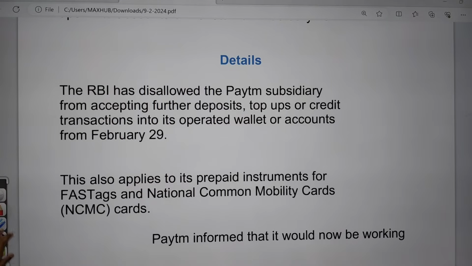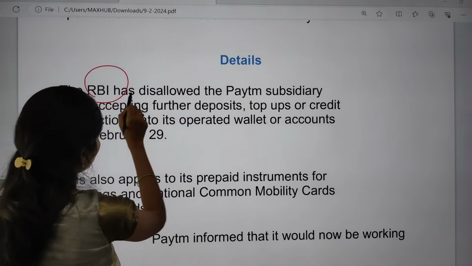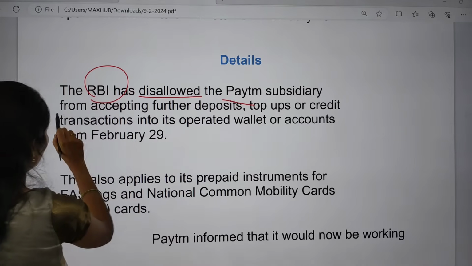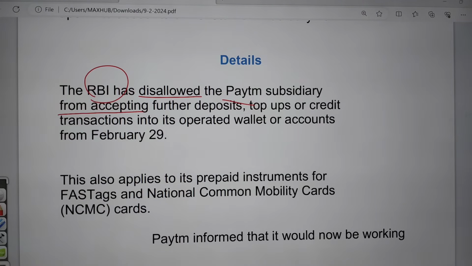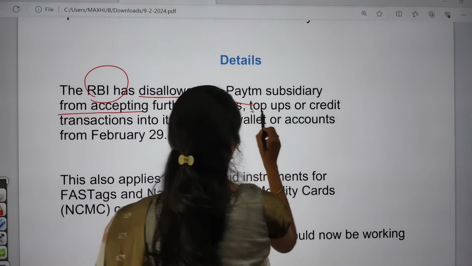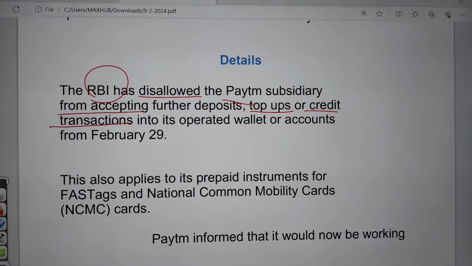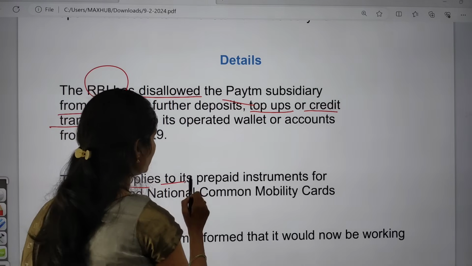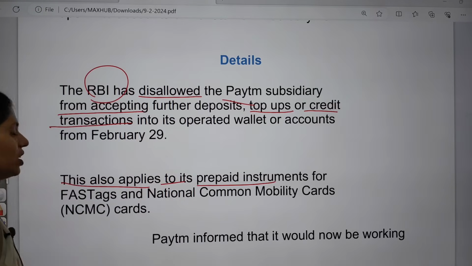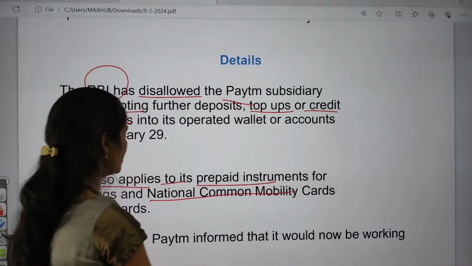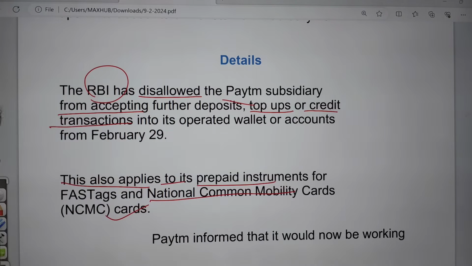If you see the details, it says that RBI has disallowed this Paytm subsidiary from accepting further deposits, top ups or credit transactions into its operated wallets or accounts from February 29 onwards. And this also applies to prepaid instruments like FASTags and National Common Mobility Cards. So they will also be taken off.